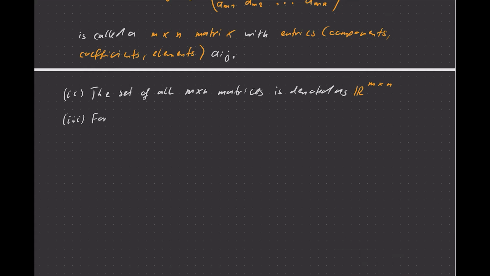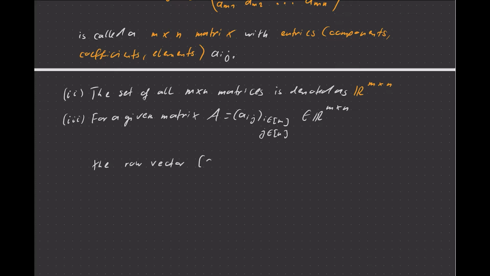So formally, for a given matrix A with entries a_ij, where i is in 1 to m and j is in 1 to n, so that matrix is in R to the m by n, the row vector that consists of the entries a_i1, a_i2, and so on up to a_in.